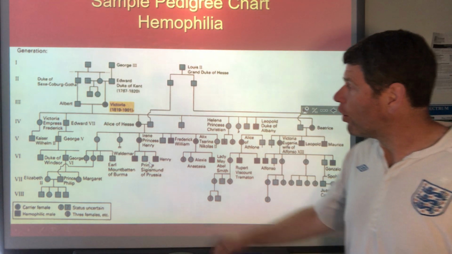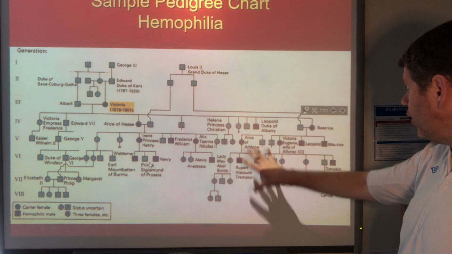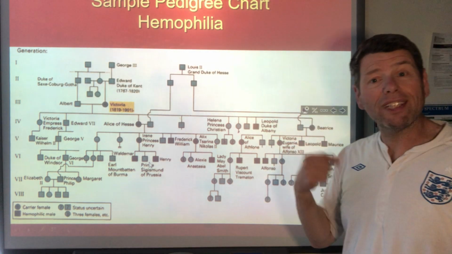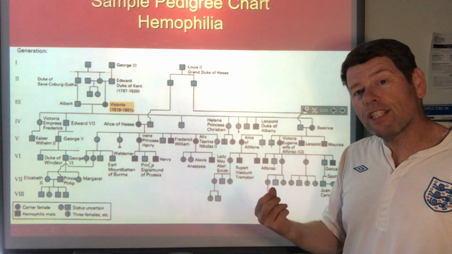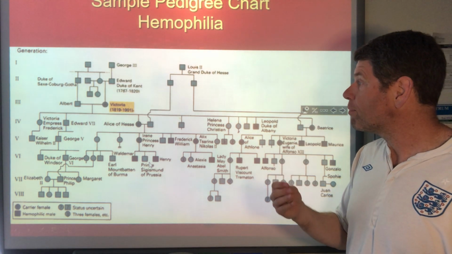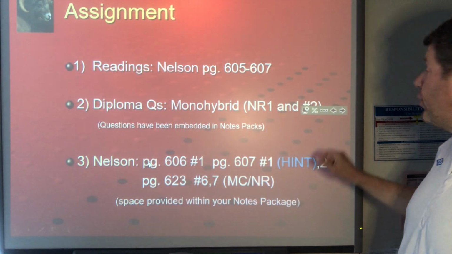And the females are indicated, as a matter of fact, I don't think we have any females that actually have hemophilia, but they all carry the recessive allele. So they're typically normal, but they carry that recessive allele, and they will tend to give it to their sons, all right? We'll talk more about that later.